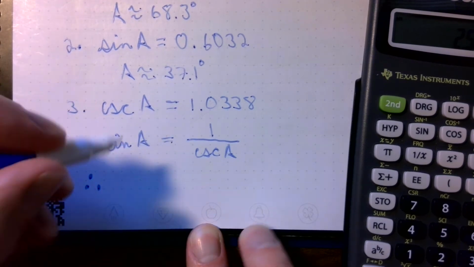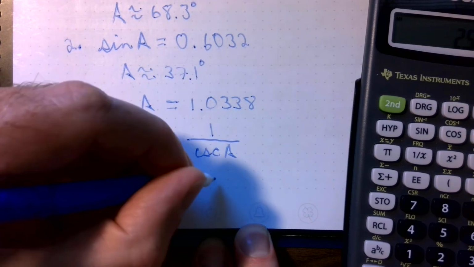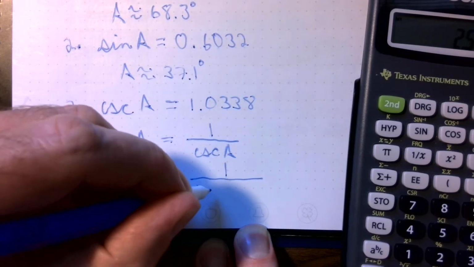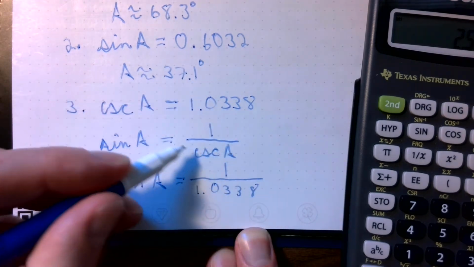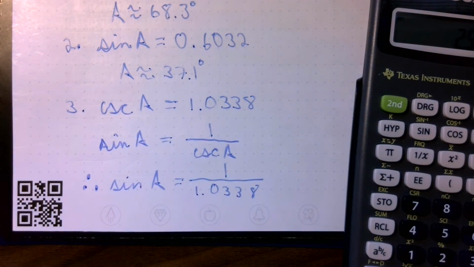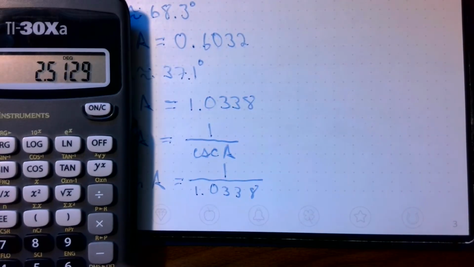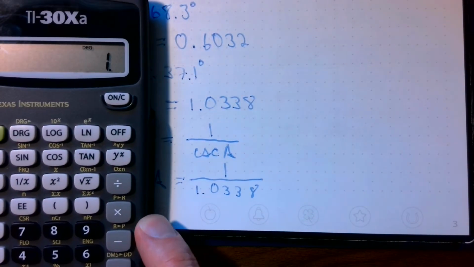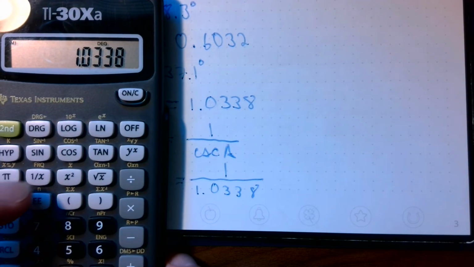So this is telling me that sine A is equal to 1 over 1.0338. I take the reciprocal of this number right here. Now, on my calculator, there's a very quick way to do that. So I can enter the 1.0338, and then there's a reciprocal button right there.